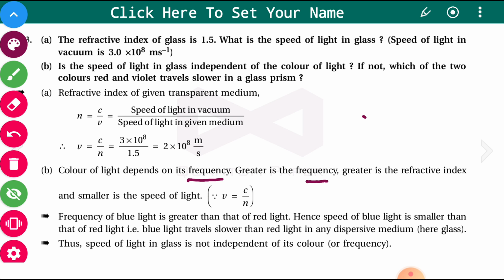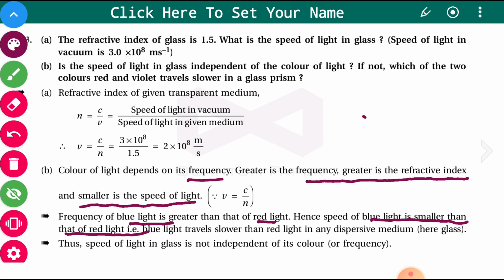Greater the frequency, greater is the refractive index, and smaller is the speed of light. Now the frequency of blue light is greater than that of red light, hence the speed of blue light is smaller than that of red light.